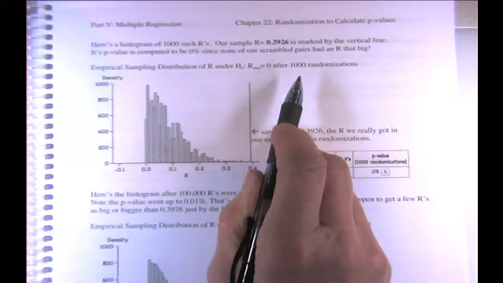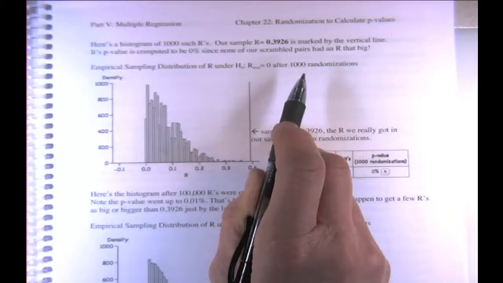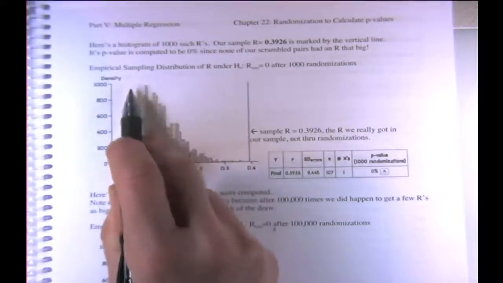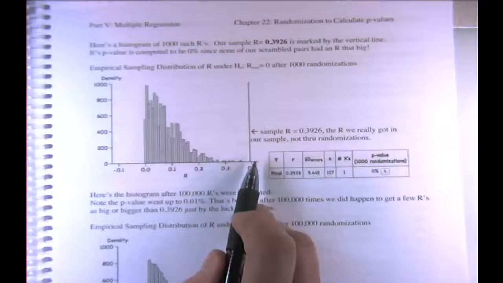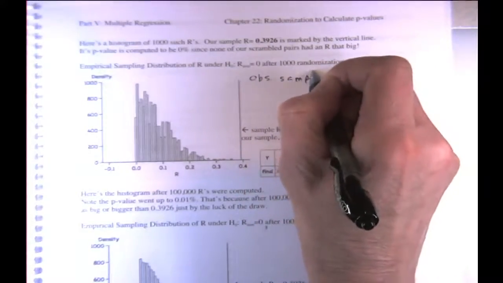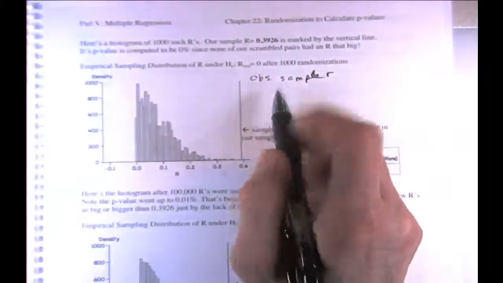So if it was you, you would just be randomly assigned somebody else's final score that would be attached to your homework score. You don't think those are correlated. Most of them aren't. So we're asking, okay, how likely is it that in our actual class, if the null was true, we'd see a correlation coefficient as big as this, our observed sample R that we got right here.